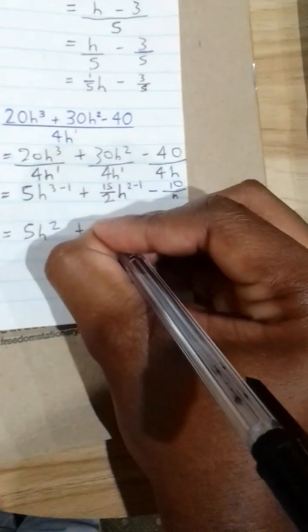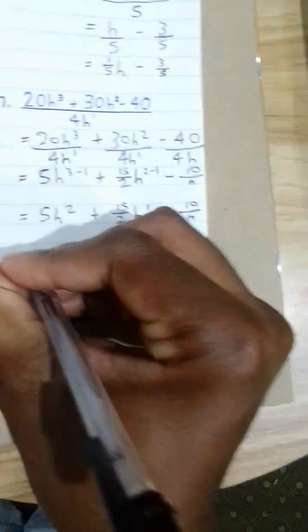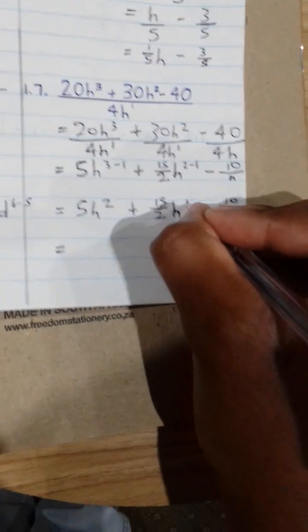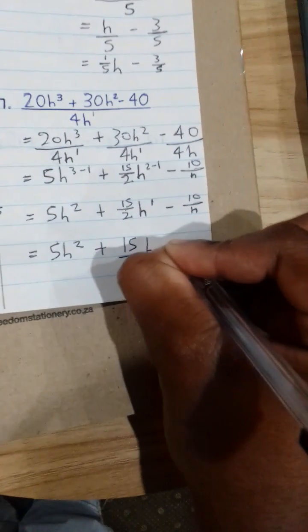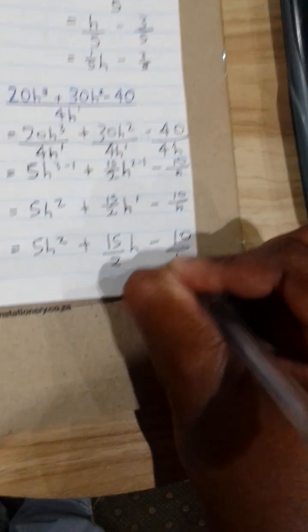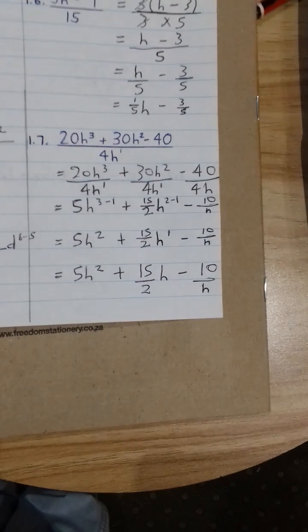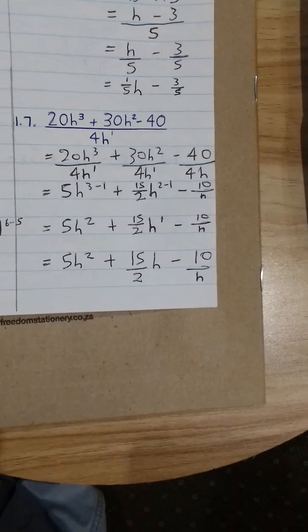So this is going to be 5h to the power of 3 minus 1 is 2, plus 15 over 2 h, 2 minus 1 is 1, minus 10 over h. Remember, if the exponent is 1, we don't write it, so the final answer has to be 5h squared plus 15 over 2h minus 10 over h. I hope that makes sense, and I hope that is clear.